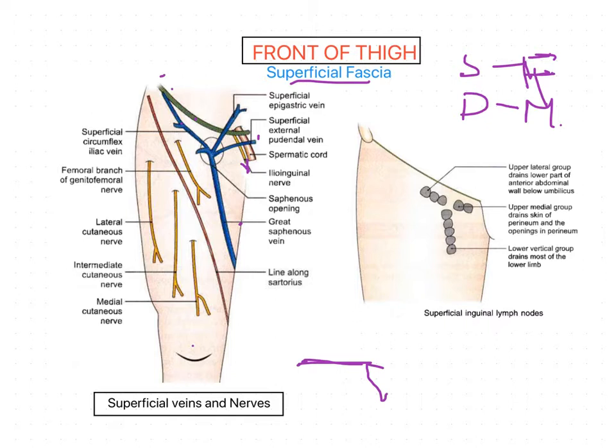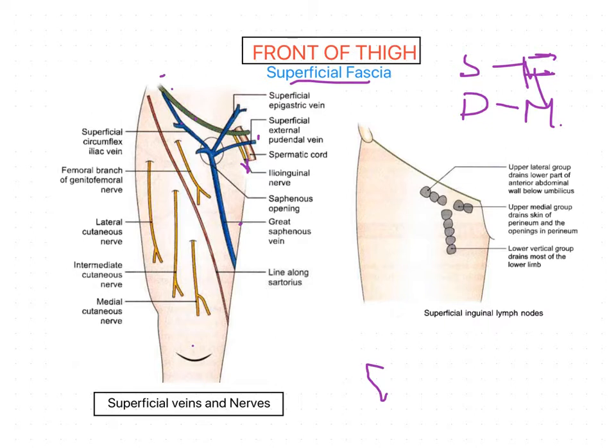However, because of this firm attachment of the membranous layer of the superficial fascia to the deep fascia along Holden's line, it prevents urine from descending into the thigh beyond the line. Okay, so now we will see what are the contents of the superficial fascia.